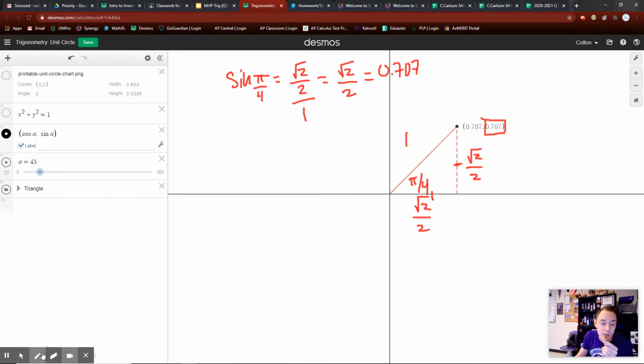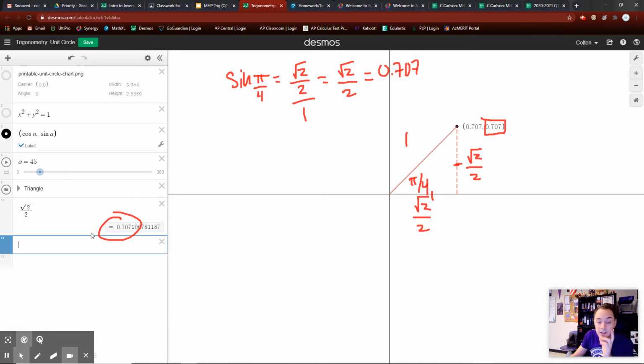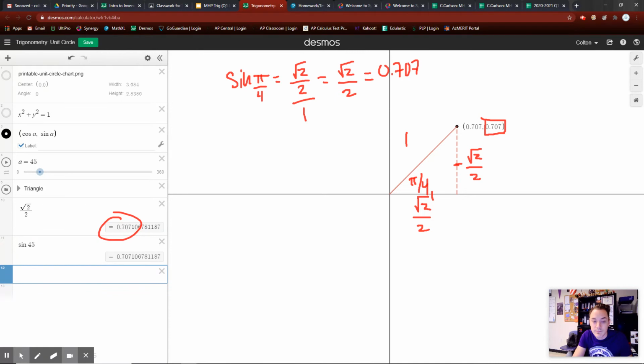And if we go over here, what is the square root of 2 divided by 2? 0.707. That's what it is. And even if I do sine of pi over 4, which is 45 degrees, I get the same thing.